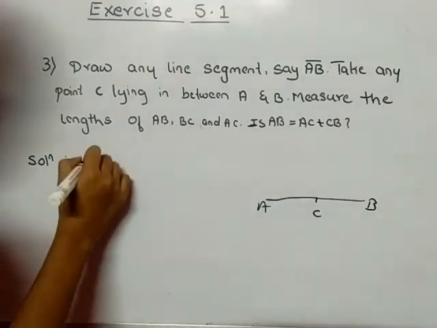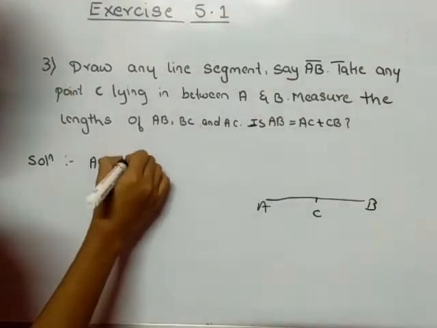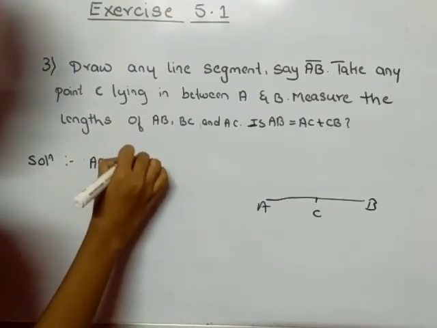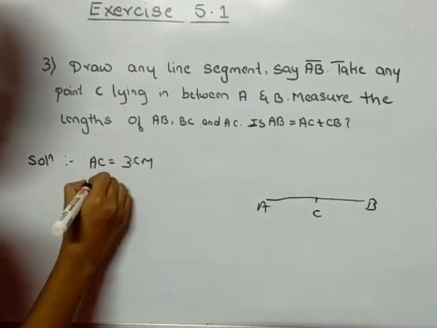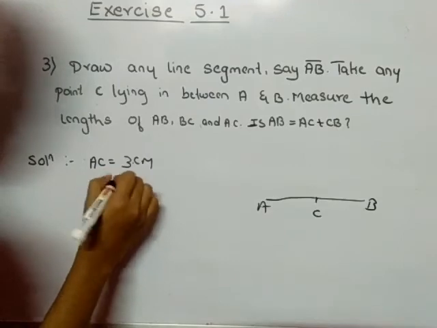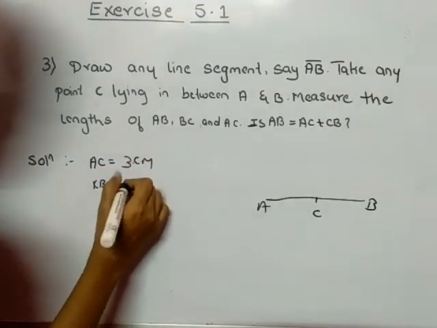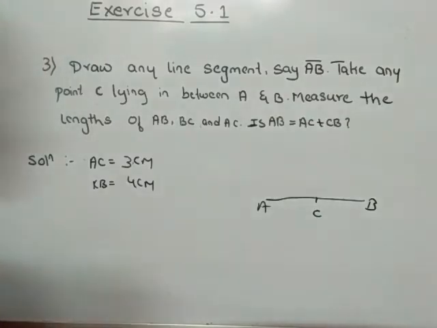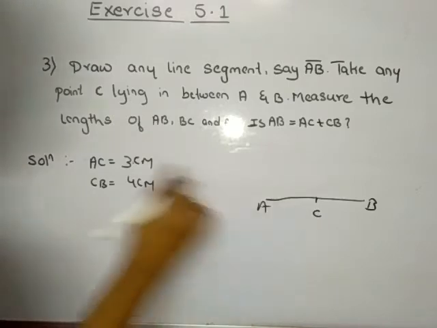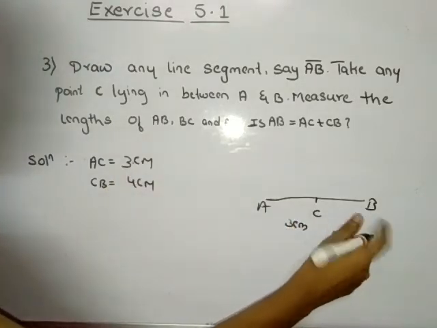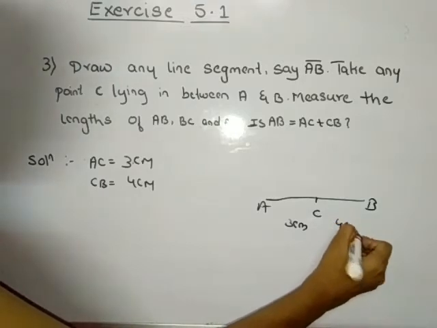For that, I am going to take the value of AC as 3 centimeter, and CB I am going to take as 4 centimeter. Okay, now AC is 3 centimeter and CB is 4 centimeter, right?